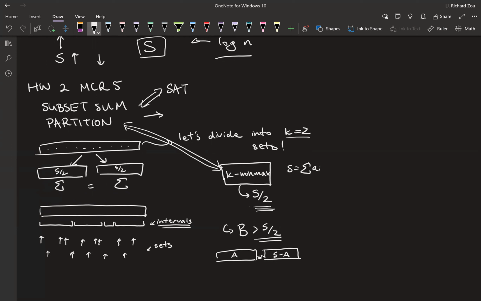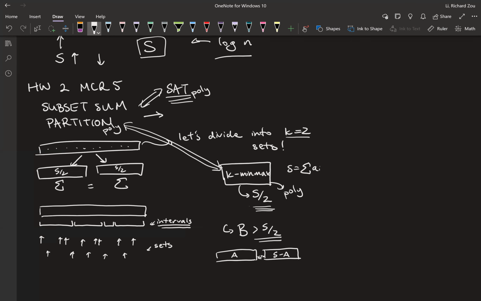I think the answer for 5 is basically that a polynomial time solution here implies a polynomial time solution for SAT. It's not that there is a polynomial time solution; if this black box has a polytime solution, then partition has a polytime solution, and SAT has a polytime solution.